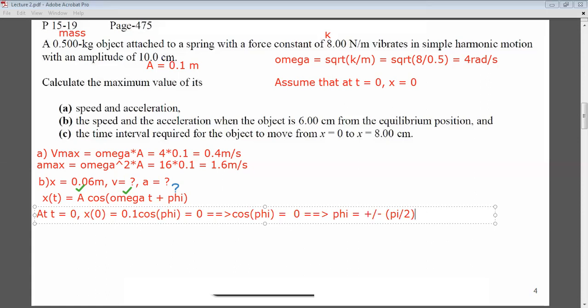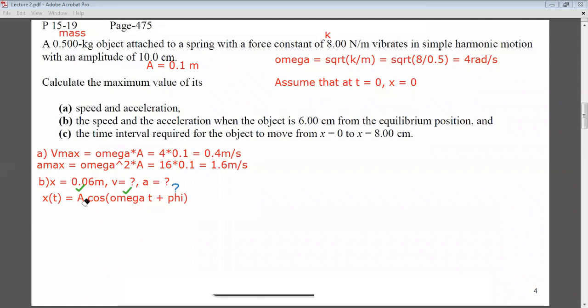Because remember, we get the phi from the initial conditions, v and x, but we don't have information about v. So assuming that x equals A cosine omega t plus phi doesn't help, because we are stuck choosing plus or minus pi over 2. So instead, let's start with A sine omega t plus phi and see if it solves my problem.